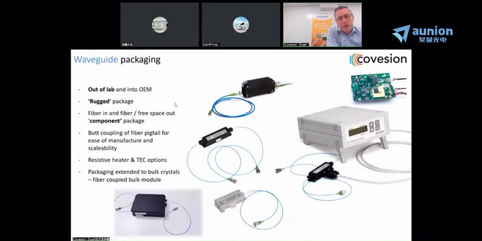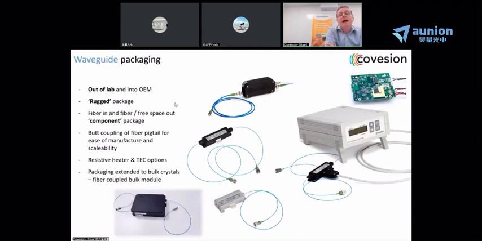One of the most important things for quantum technology and quantum applications is that the industry builds a robust supply chain that takes the technology out of the lab and into the real world environment. We've been very focused on that. So what I have here is examples of how we've taken our waveguides and then packaged them into modules which allow the end user much greater ease of operation.